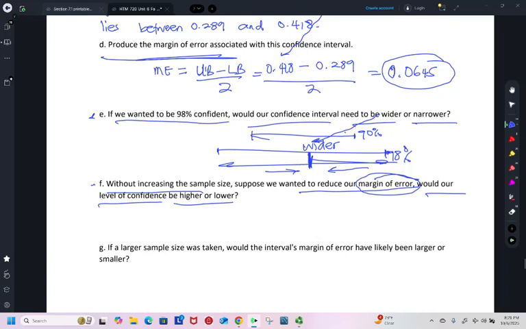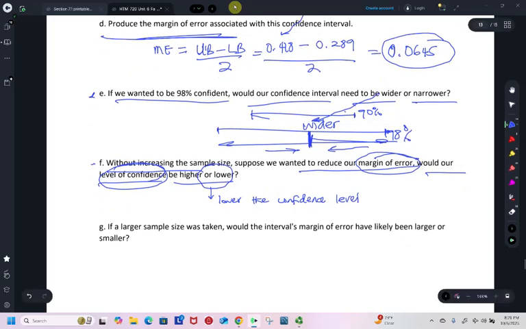If we are reducing that, we'll need to lower our confidence. So here we need to lower the confidence level, because by lowering the confidence level, I'll be shrinking the confidence interval and making it narrower. That would also mean that the margin of error would become lower.